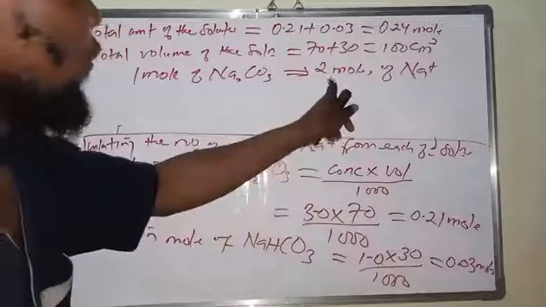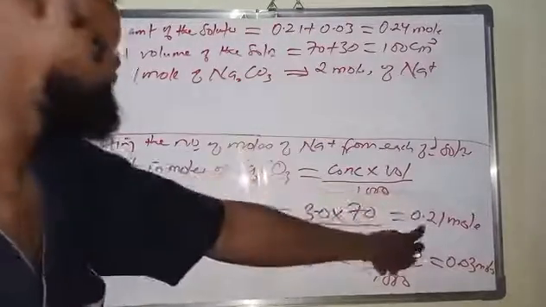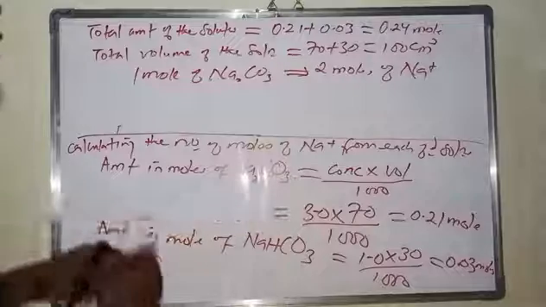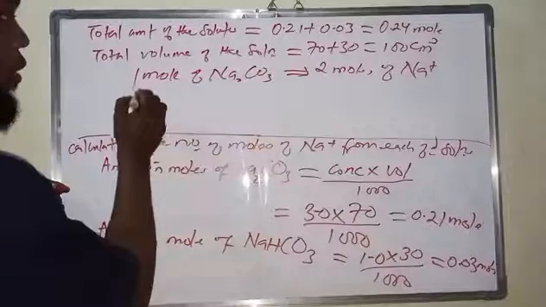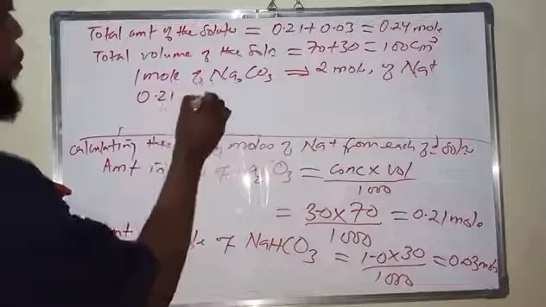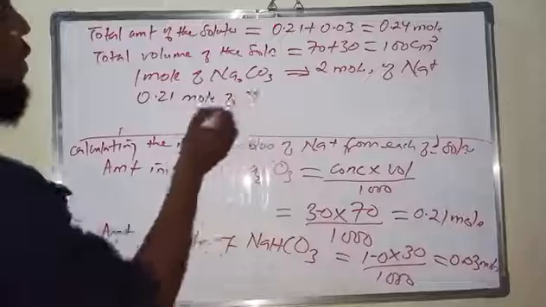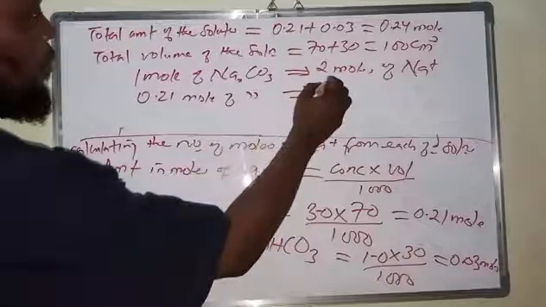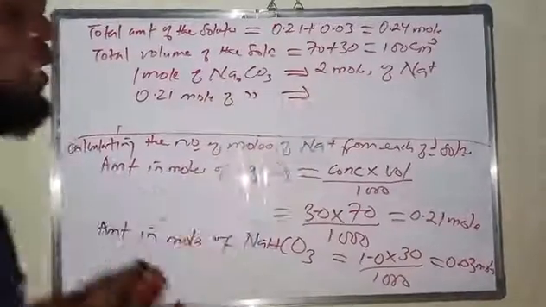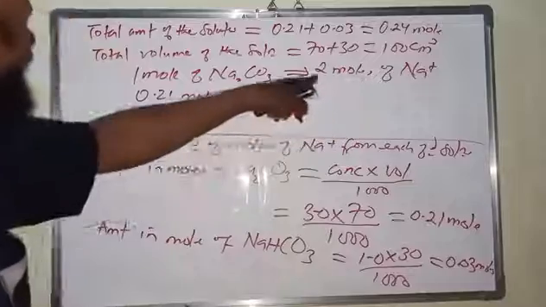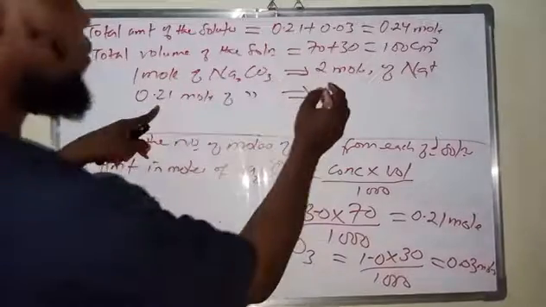Then how many moles of sodium ion will 0.21 mole give? That is, 0.21 mole of this should give a certain mole of sodium ion, which we obtain by 2 multiplied by 0.21.